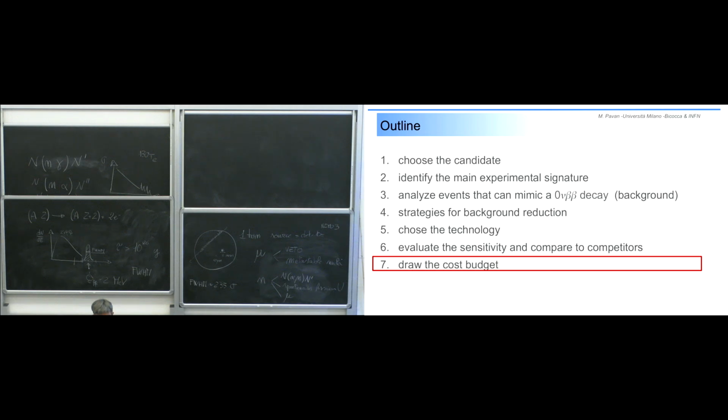If we want to look at 10-ton, 100-ton, we have to improve our technologies. We have to understand better how to reduce the background. Maybe we need to go deep. I mean, you understand, we cannot play only with the mass. We also have to play with the background, at least to guarantee that we have zero background.